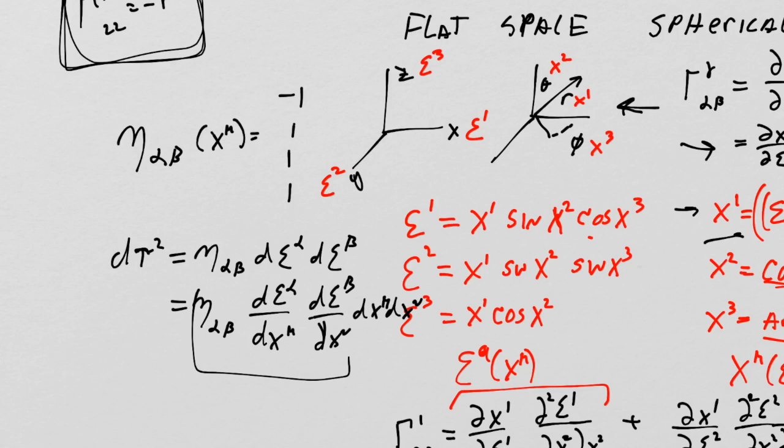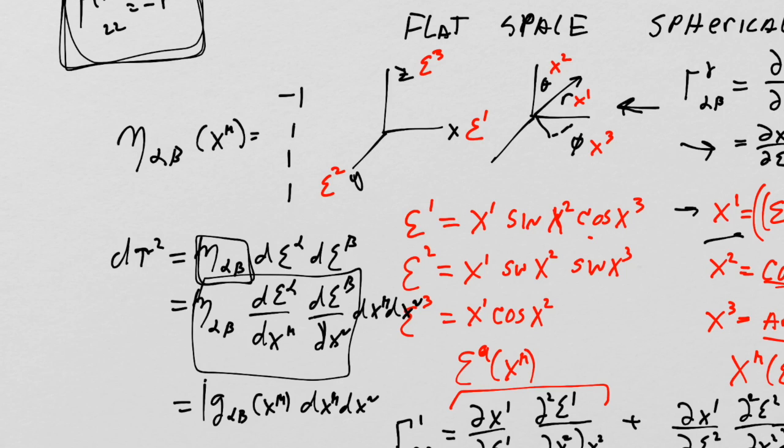And this object here is g mu nu, which is a function of space-time. So the flat space-time metric gets converted into a different metric using this prescription here.